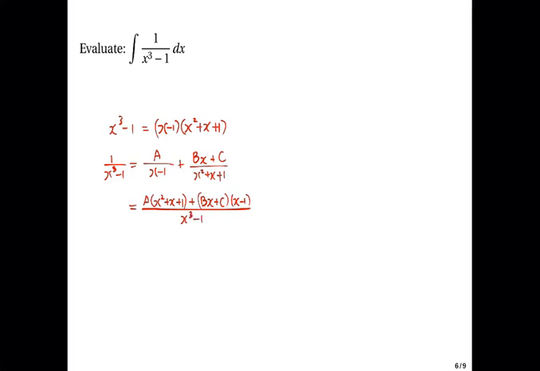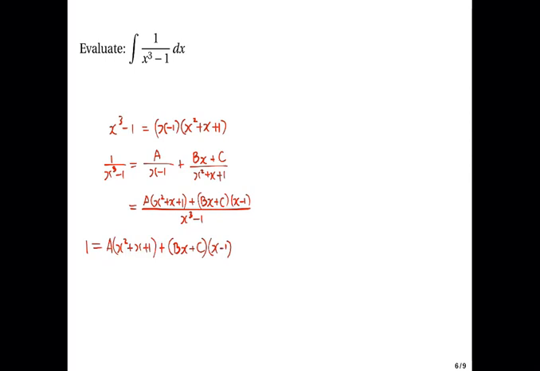Again, we compare numerators. We equate 1 to a times x squared plus x plus 1, plus quantity bx plus c times x minus 1. So we substitute x with some values that will help us solve for a, b, and c.